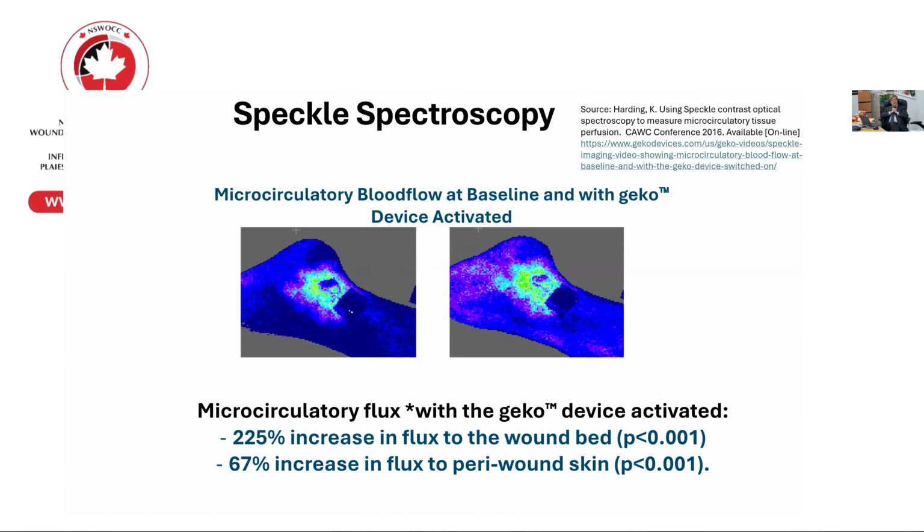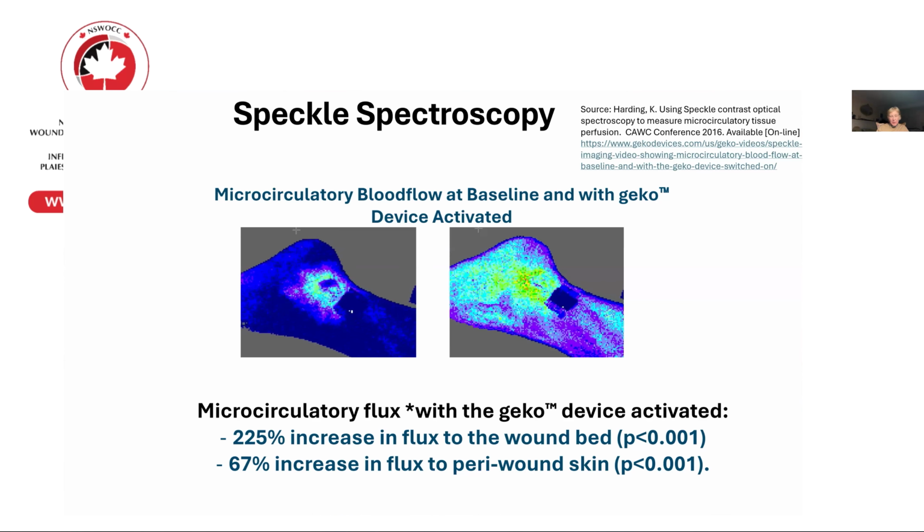And you get in the area of the wound bed a 225% increase and a 67% increase in flux to the peri-wound skin. So it really is perfusing to a greater extent the foot and the lower third of the calf, which is called the gaiter area.